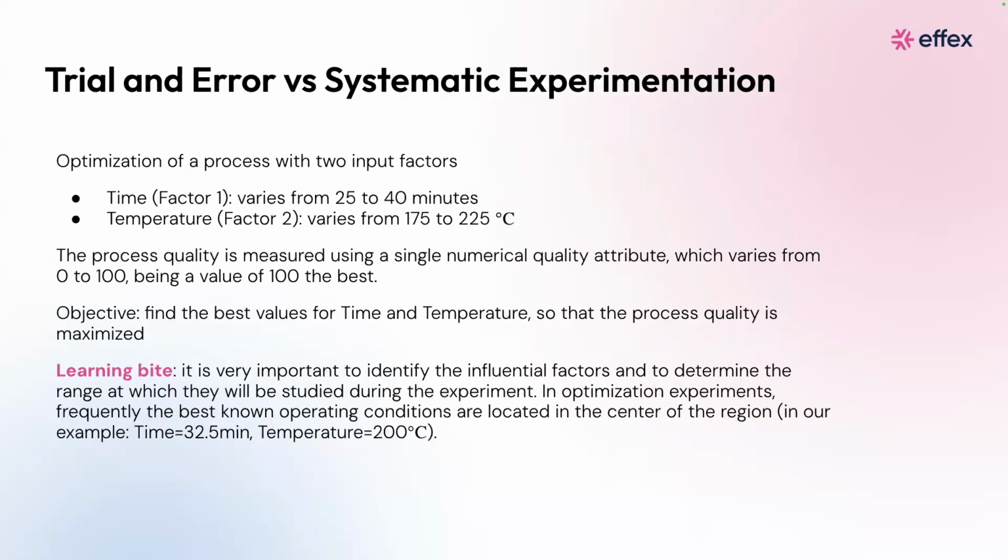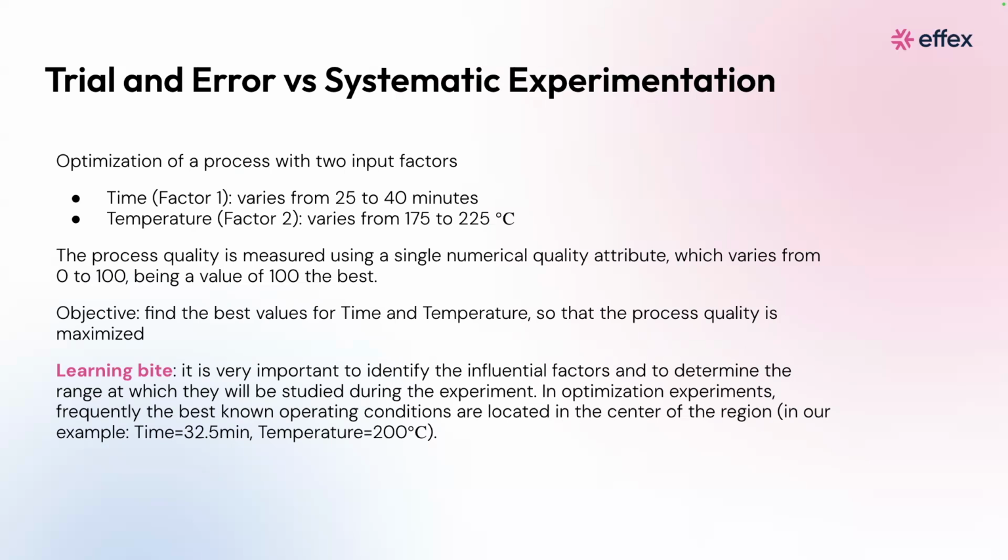So let's see what is trial and error and what is systematic experimentation. And to see that, we have here a toy example with two input factors. Factor 1 is time, expressed in minutes, and changes from 25 to 40. The second factor is temperature, and changes from 175 to 225 Celsius.